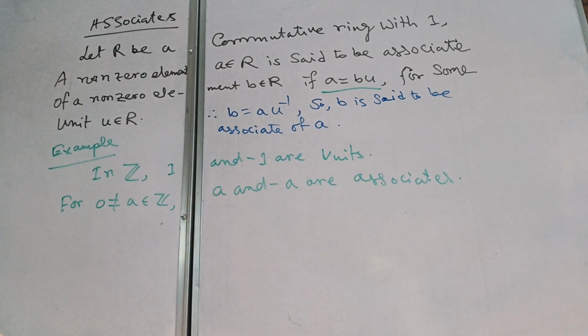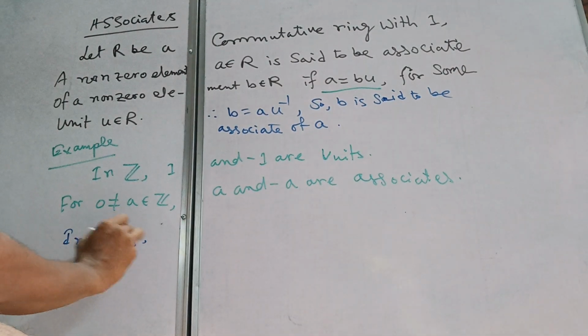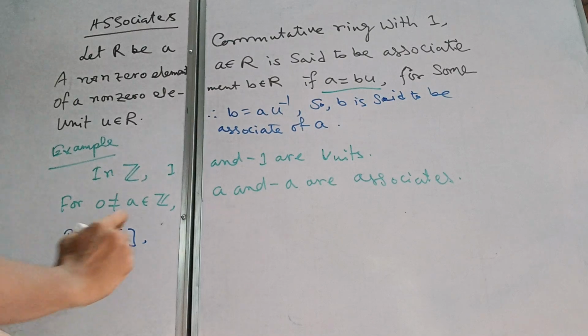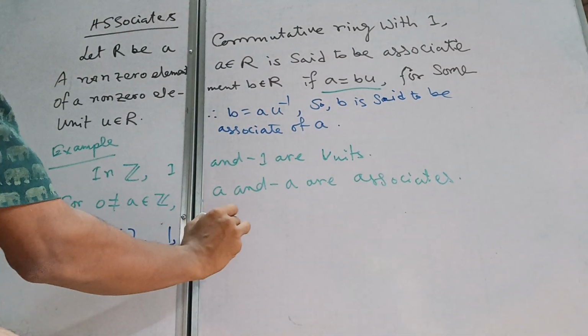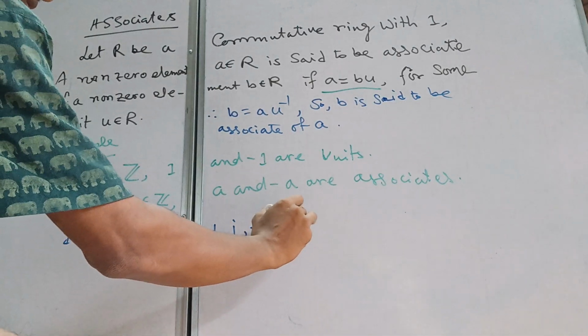So in this way we give another example in Z[i]. In Z[i] we write 1, minus 1, i, minus i are units.